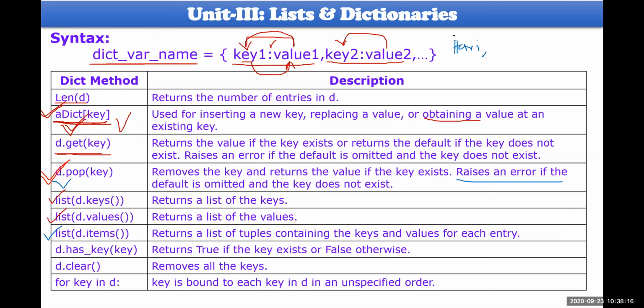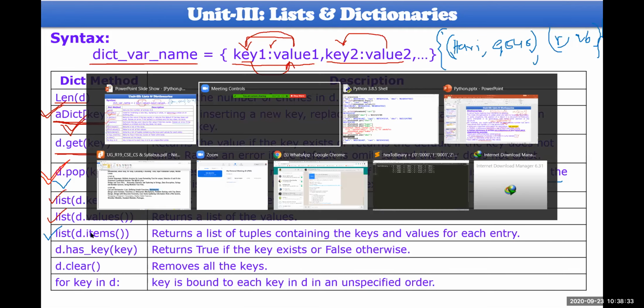It could be displayed something like this. This is the first value, comma, second value, for example Rani, comma, some 965, something like this. This is the second value. In the form of tuples, it is displayed. Look at this, then you could understand what I'm speaking about.